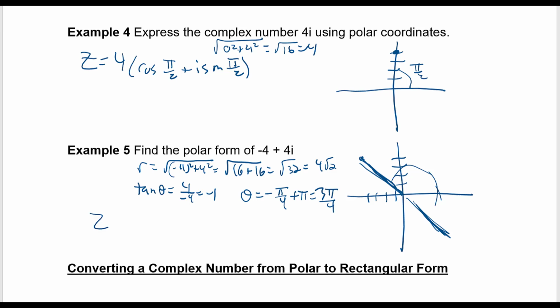So our z would be equal to 4 root 32 times cosine of 5 pi over 4 plus i sine of 5 pi over 4. Now, what am I saying? I made a little mistake there. I apologize. It's 4 times the square root of 2. Okay.